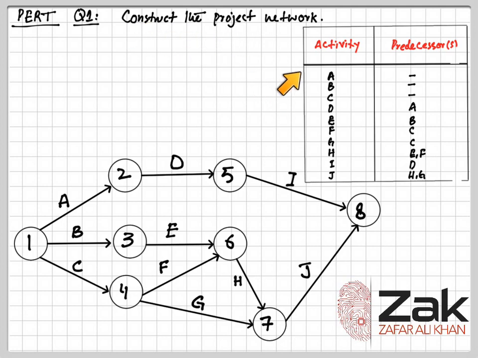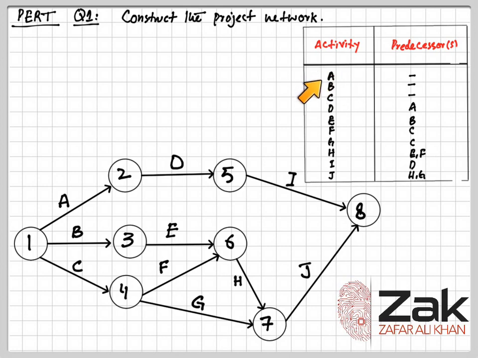Let me revise it fast. For constructing the project network diagram or PERT diagram, we need 2 columns: activity and predecessors. These activities are the activities of the project. Over here we have taken them as A, B, C. For a particular problem or project, these activities would have their own names.